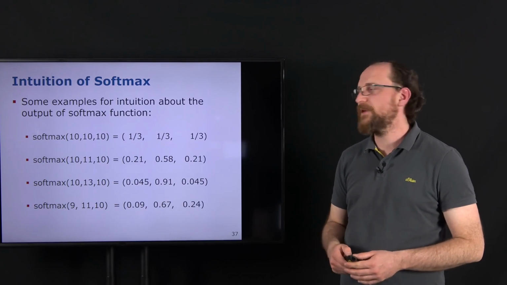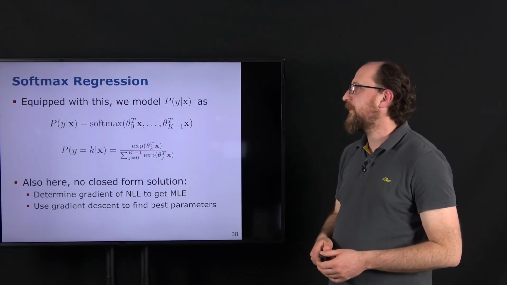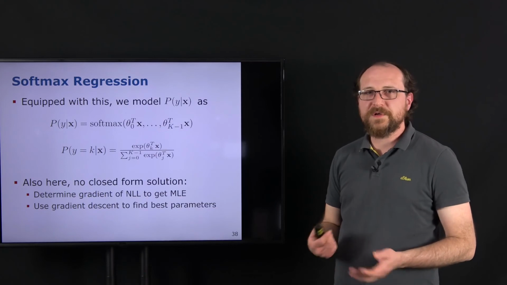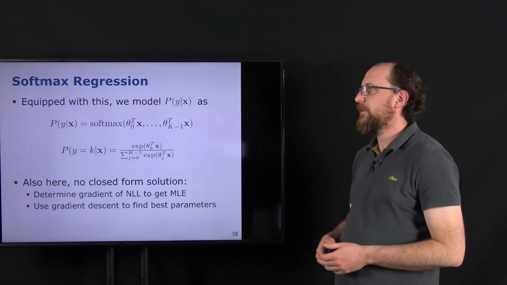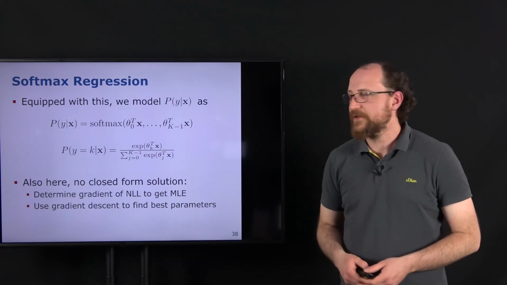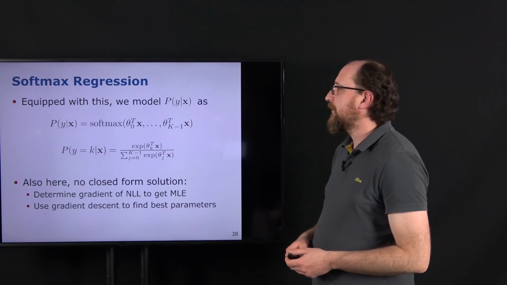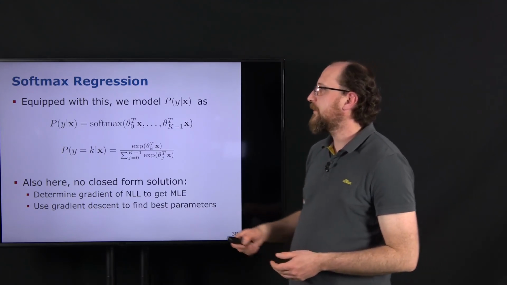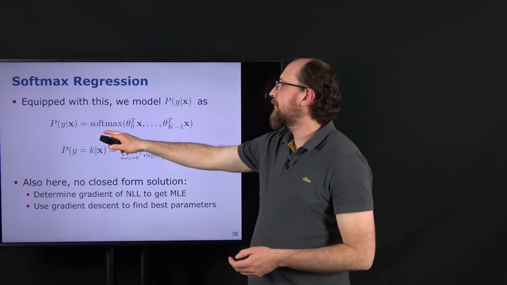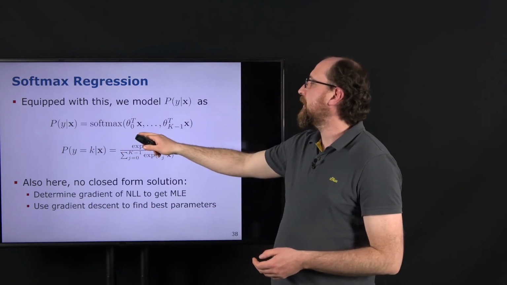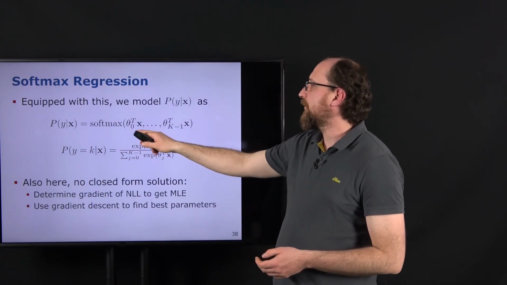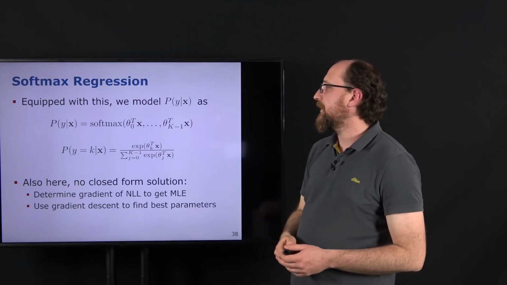Using this idea, we can now define our multi-class logistic regression. In the following, I will just call it softmax regression, where we say that the probability distribution over all classes is just given by the softmax over the thetas for each class times the x.